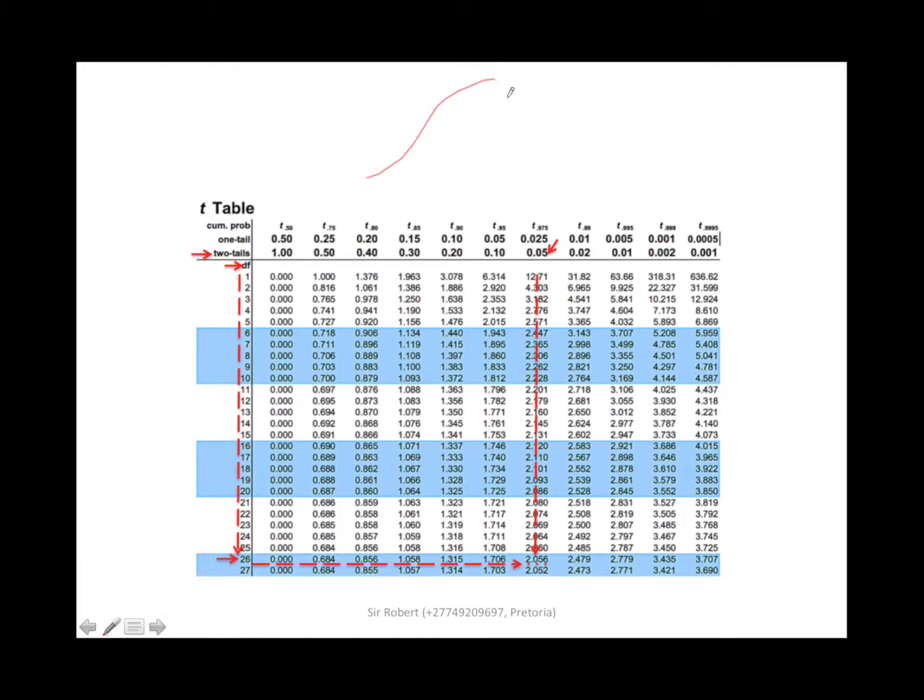So for two, it's like this and this. So it's like 2.056. Remember, this is negative. And this is 2.056. So it's always good when you're solving these questions to draw this graph like what I'm doing.